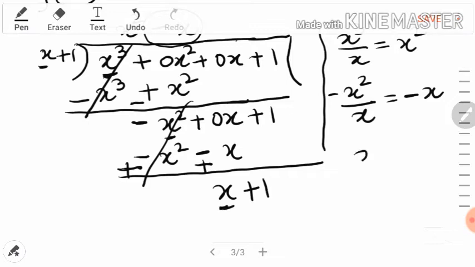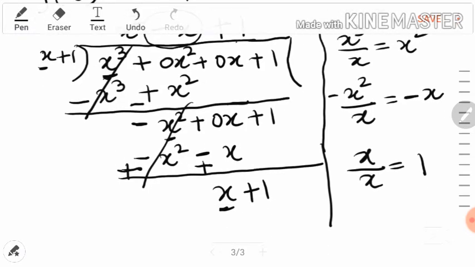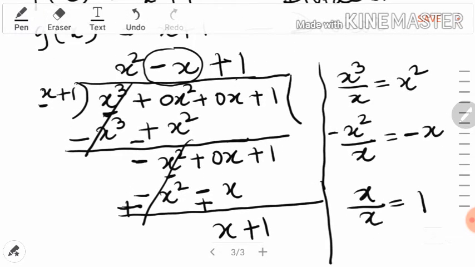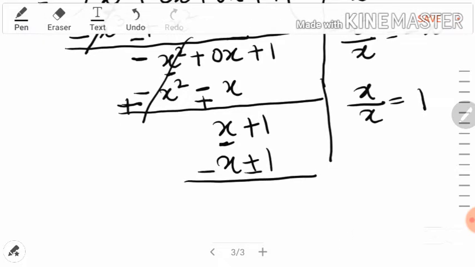Now divide the first term here by the first term of the divisor. We get 1. So the third term of the quotient is 1. Multiply 1 with the divisor. So we get x plus 1. Subtracting the two, we get 0.